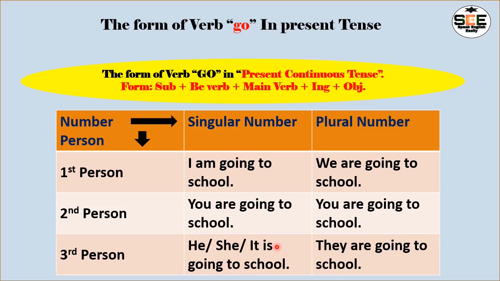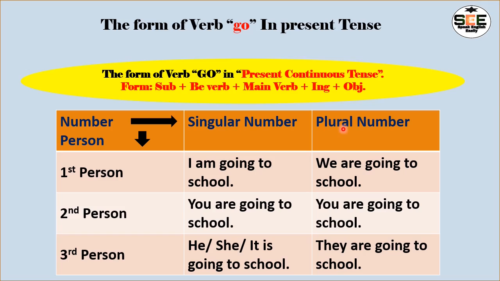Is is the be-verb and go is the main verb plus ing, plus school is the object. So we can say third person singular in present continuous tense: he, she, it is going to school, right?